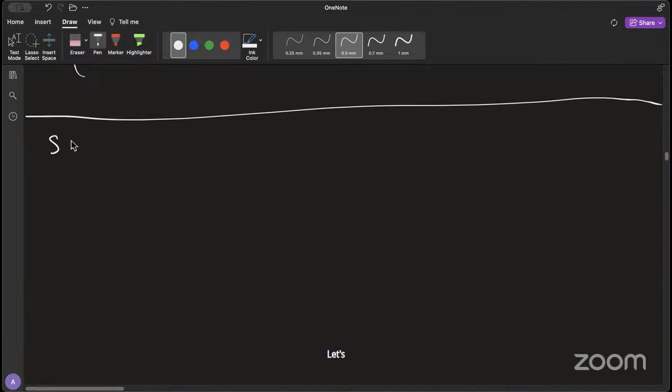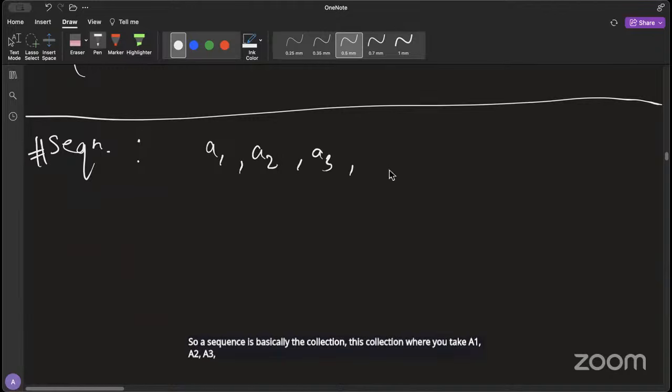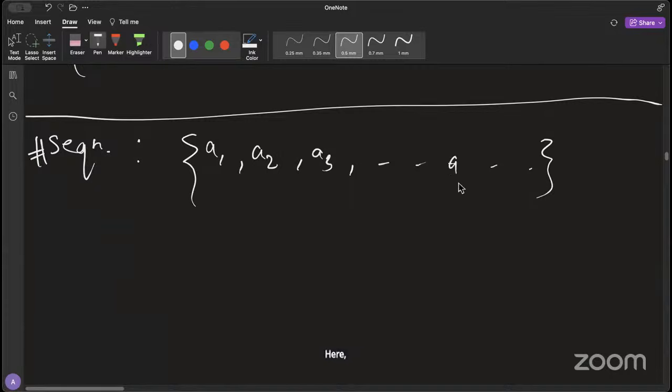Let's first discuss what a sequence is. So a sequence is basically a collection where you take A1, A2, A3, and it keeps going on. Like here you will have A100, and then later on you will have A1000, and then later on A10,000, and it keeps going on.